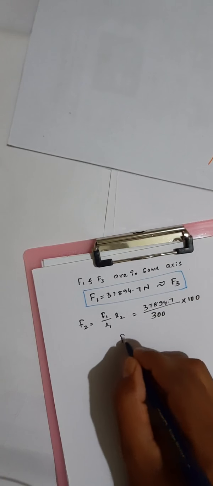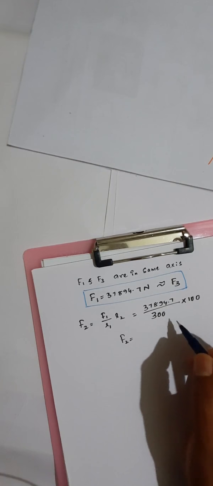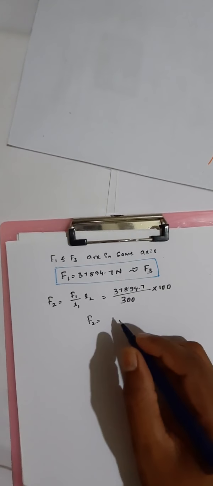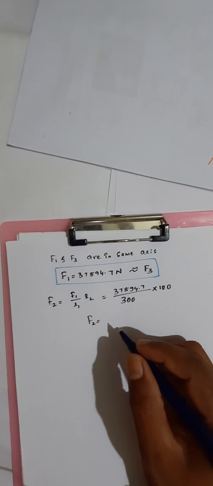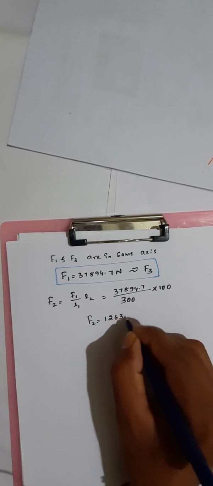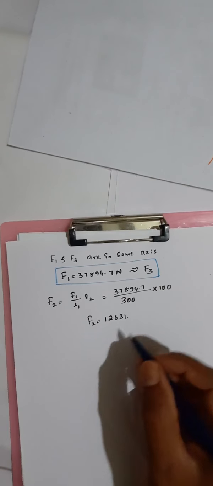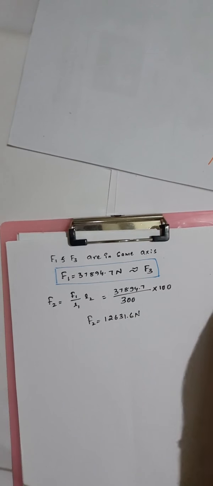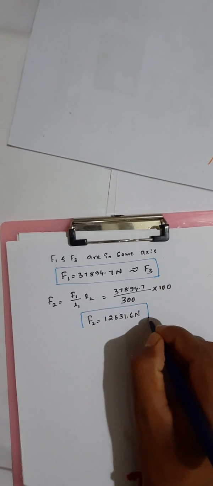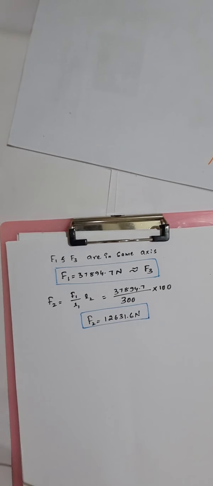If you simplify this whole term, F2 is equal to 12,631.6 newtons. This is the value of F2. So these are the normal loads on rivet number 1, 2 as well as 3.